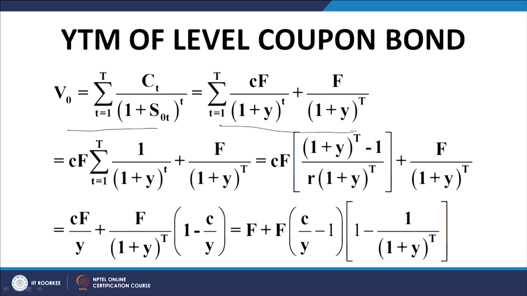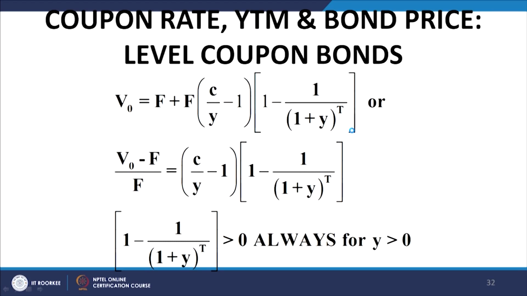That is very interesting, and that can be done on the basis of the formula that we arrive at right at the bottom of your slide. V 0 is equal to f plus f into C upon y minus 1 into 1 minus 1 upon 1 plus y to the power t. So, we look at this formula.